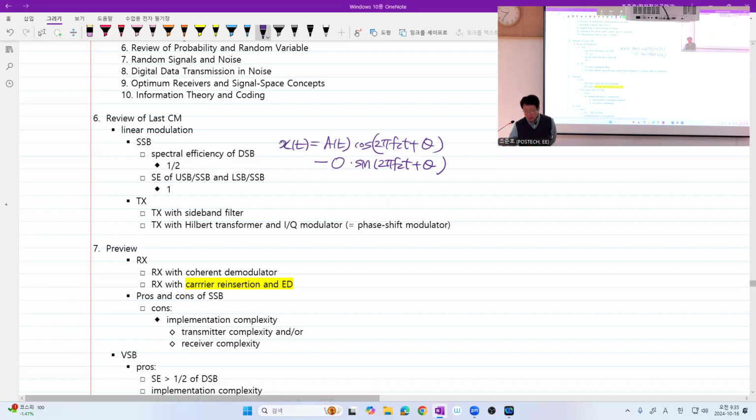But the DSB family does not have the quadrature component. You may say that it does not have the in-phase component. It doesn't matter. It depends on your choice of this phase deviation from 2 pi fc.